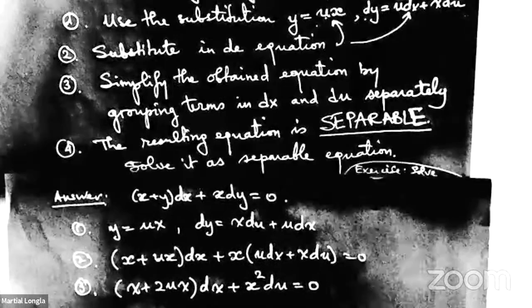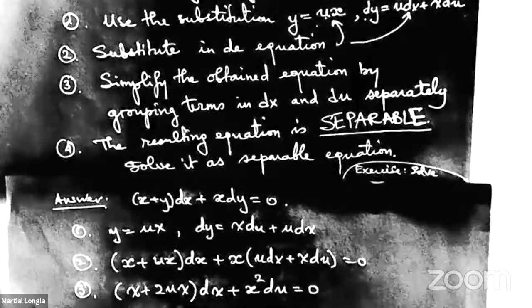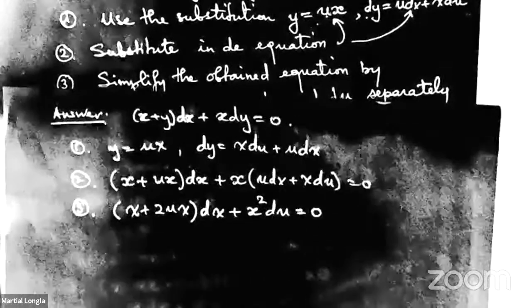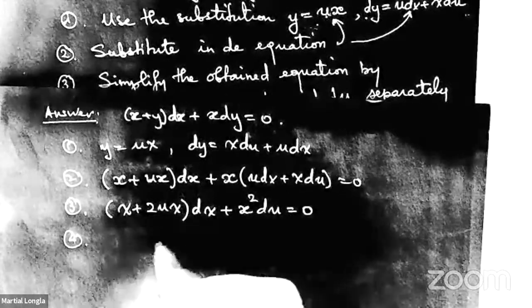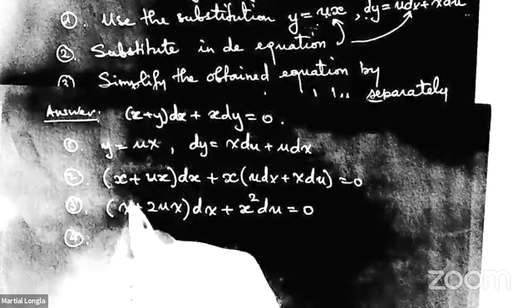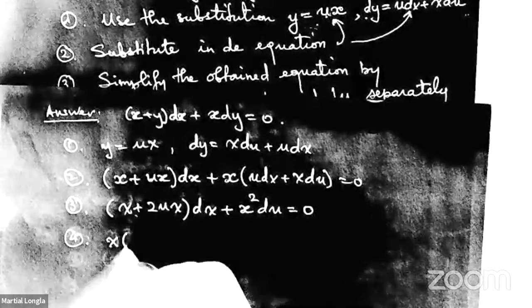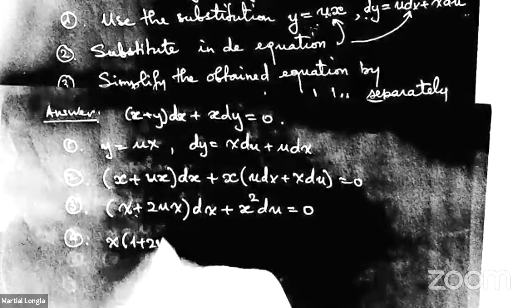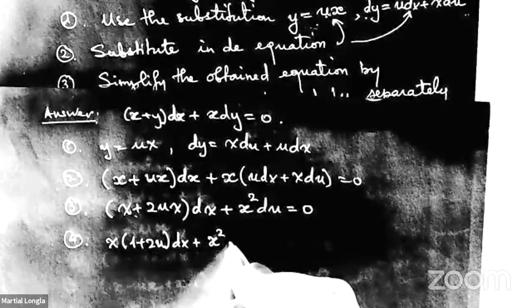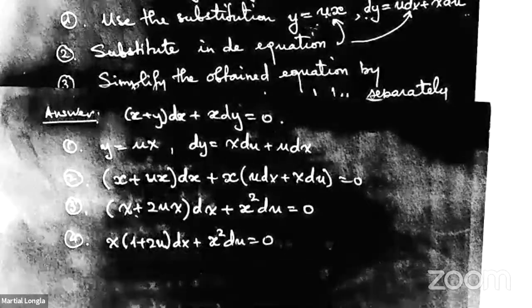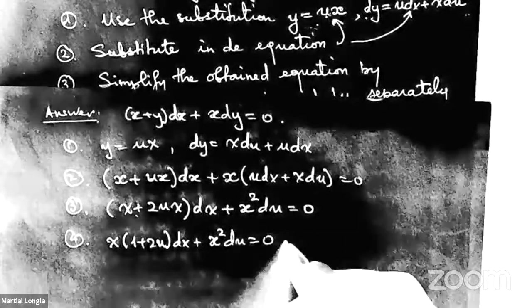So you are going to step 4, to solve the obtained separable equation. How you do that here: you factor out the x, 1 plus 2u, dx plus x squared du equals 0. You can see that it's a separable equation. So you get all the x's on one side.